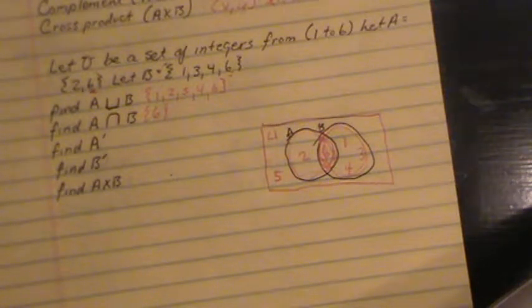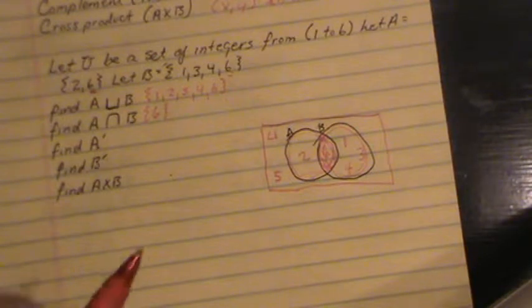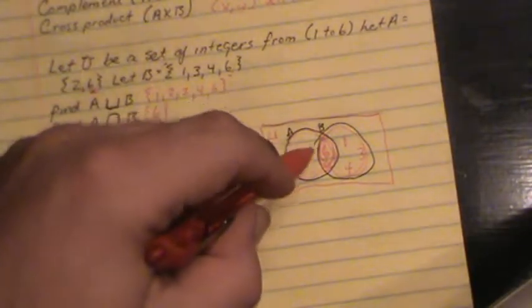The next thing they're concerned about in this particular problem is find not A. So they want me to find not A, or the complement of A. Therefore, not A would mean all of B. So what does B have in it?